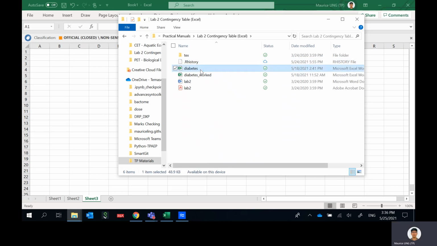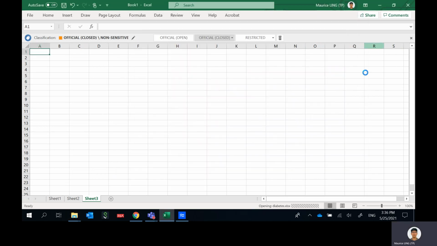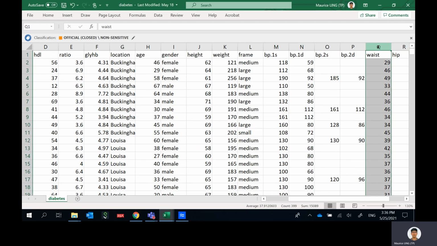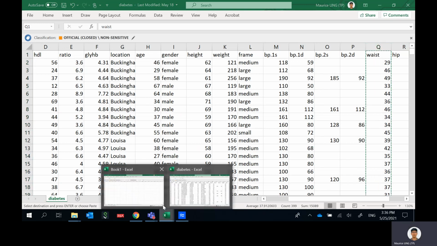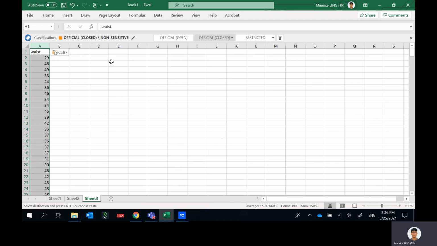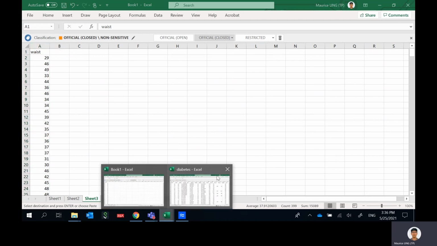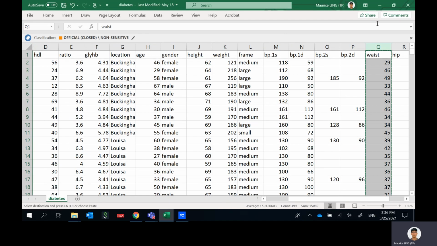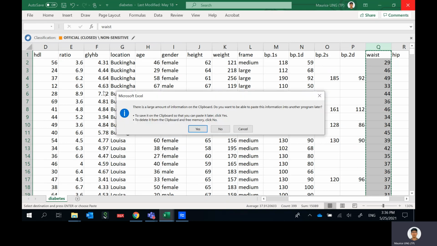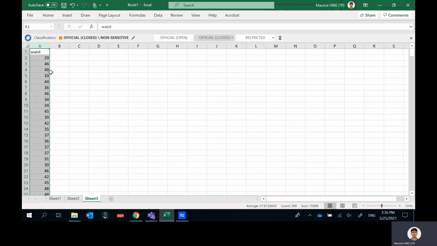Get the diabetes data set and grab the waist data. Get the entire column, copy, go to your spreadsheet for today. Copy and paste onto today's spreadsheet.